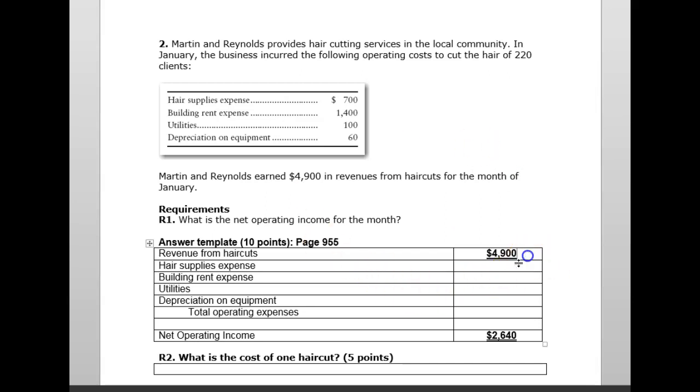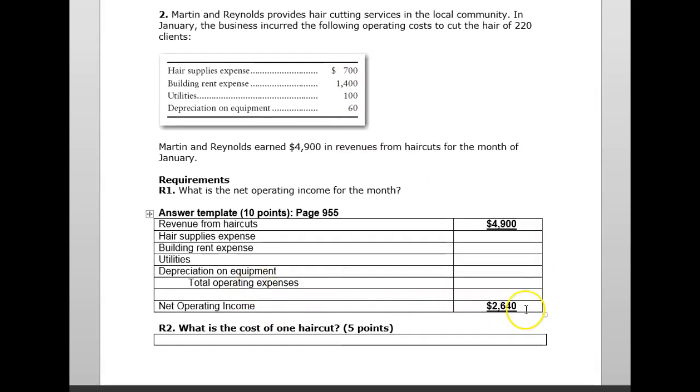So they give you the revenues and they give you the expenses, and all of these are used, and they'll give you total operating expenses by adding those up, and that'll give you net operating income. But we're not looking at the income, we're going to look at the operating expenses. So you're going to look for the cost of one haircut, and they had 220 haircuts that month. So you will take the cost and divide it by 220.